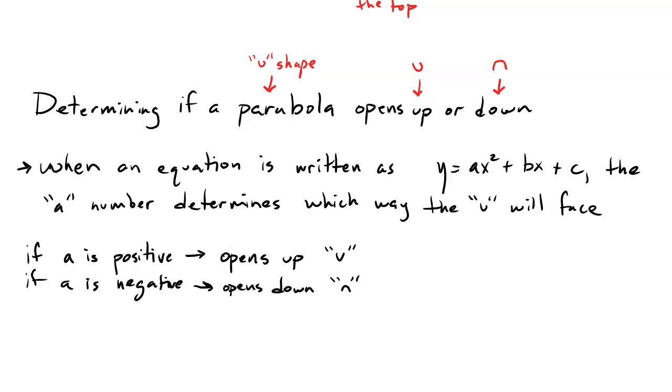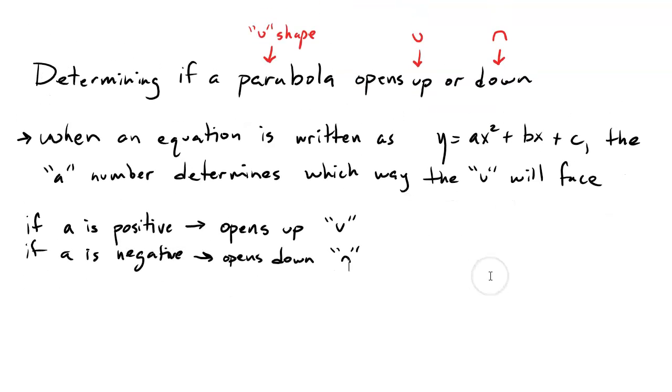And if you learn them right away, that's great. And if you don't, it's not a huge deal. I'm never going to test you on terminology. The main reason for trying to teach terminology is so it's easier to learn things. Okay, so let me put a couple examples up. I'll just write a handful of them and we'll just talk about if it opens up or down.